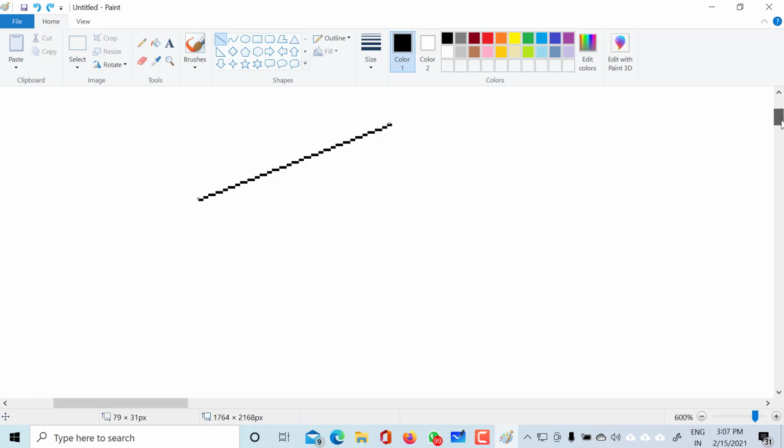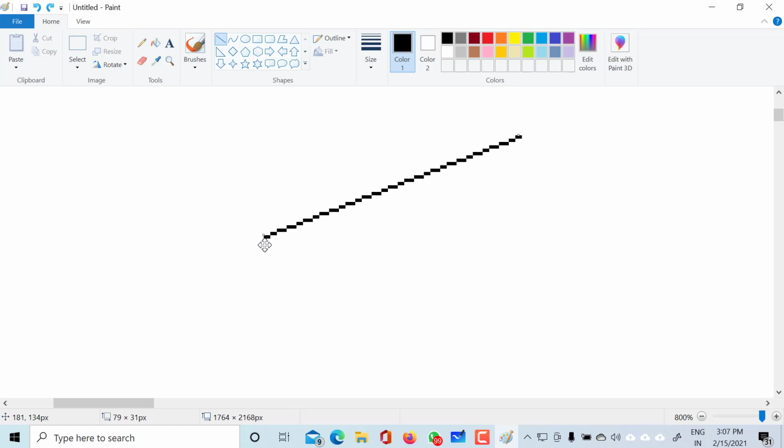See here. Here 2 pixels are in the same line.